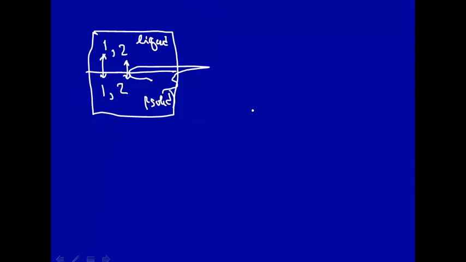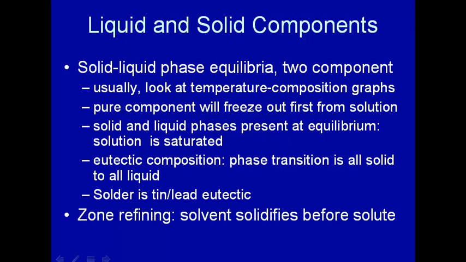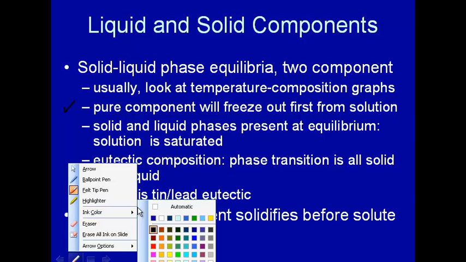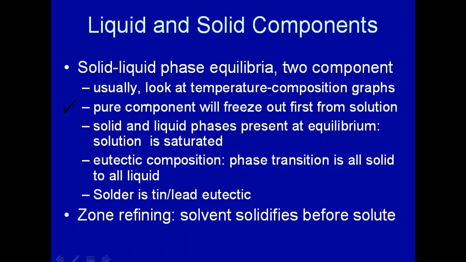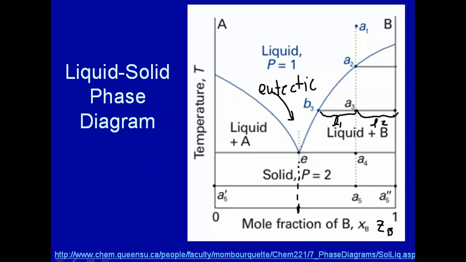Okay, so those are important parts of the liquid-solid phase equilibrium. Pure component will freeze out from solution first, which pure component depends on where you are in the phase diagram. Solid and liquid phases are present in equilibrium. The solution is saturated. So if we go back here, right here you have solid and liquid, and it's saturated.